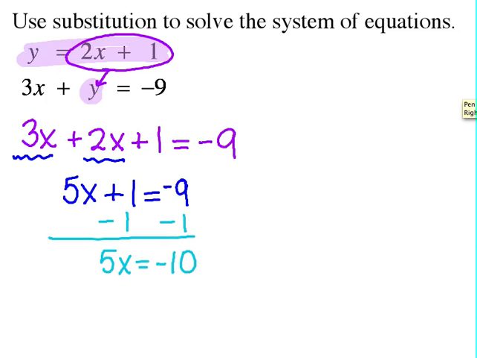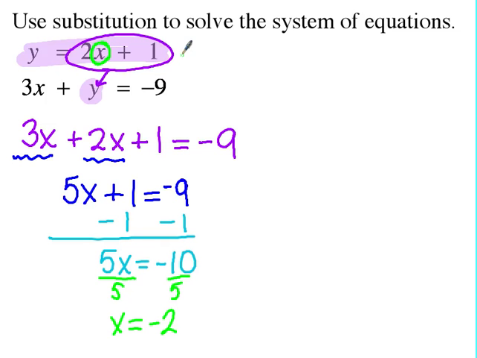Now what do I do? Divide by 5, very good. And I get x equals -2. And so now, if you remember, I need an ordered pair. I've got half of the ordered pair. Now I need to find the other half. So I'm going to come up to that highlighted equation at the very top, and I'm going to plug in -2 for x.